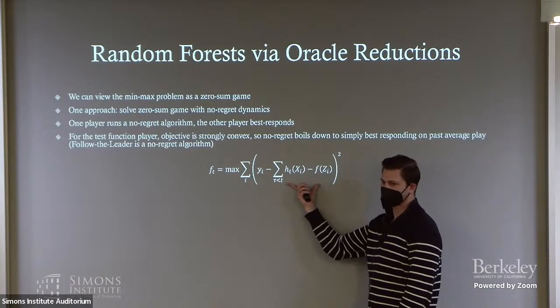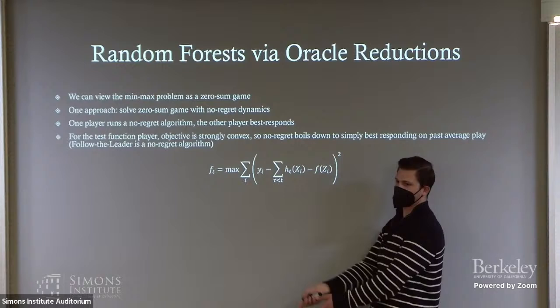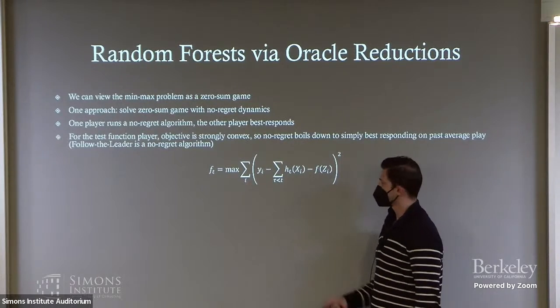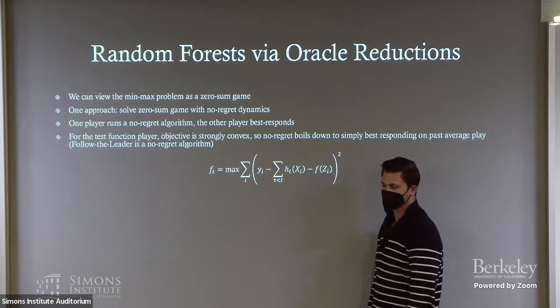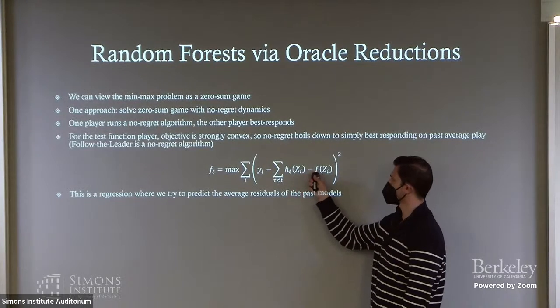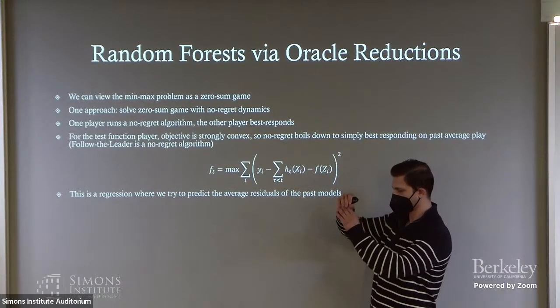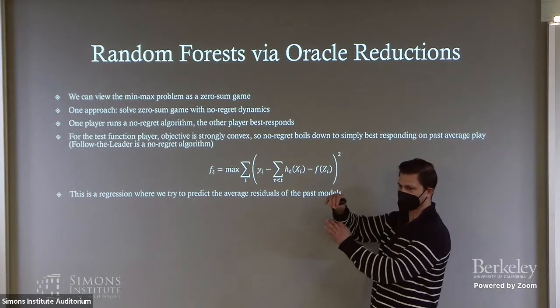And FTL is exactly that, and you get strong convexity in the empirical L2 norm. You can prove that you get rates, assuming that the function space is convex. That's an assumption, meaning convex combinations of the functions are in the function space.